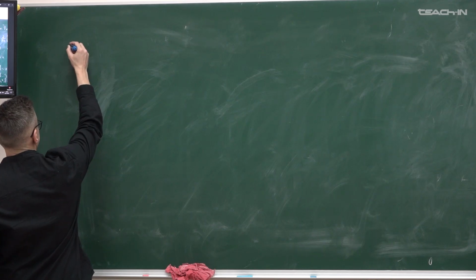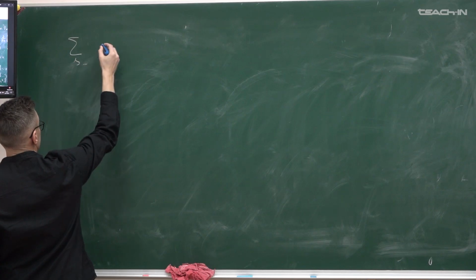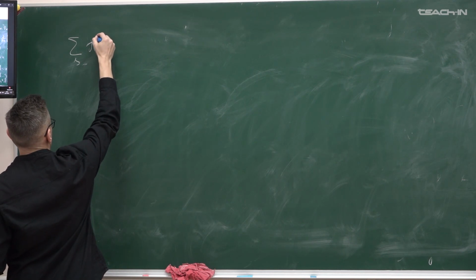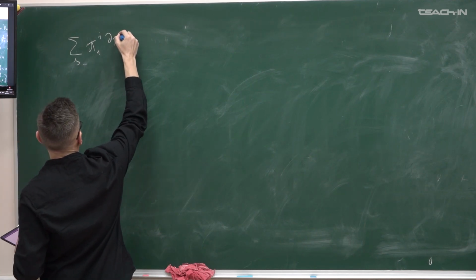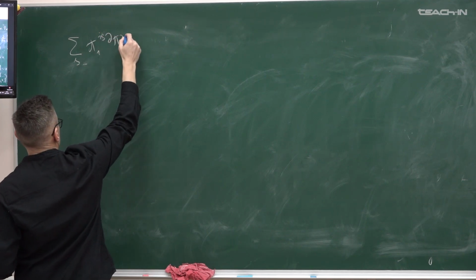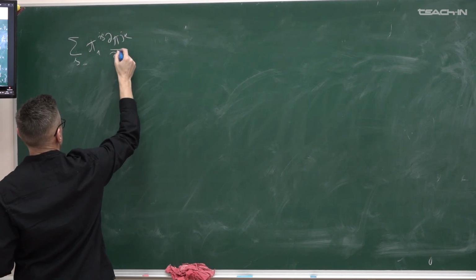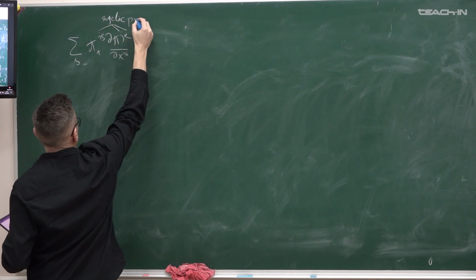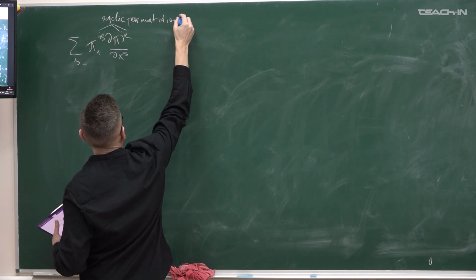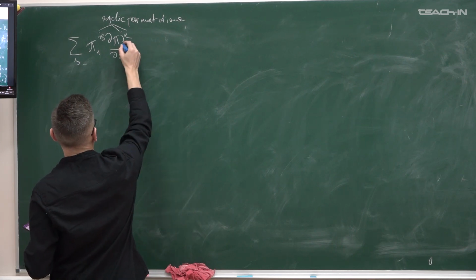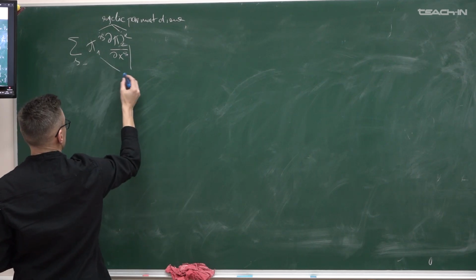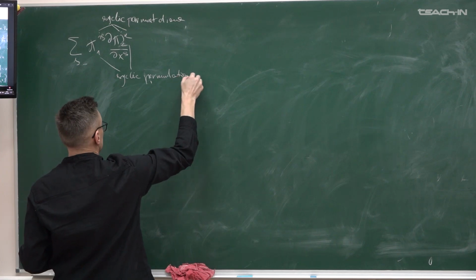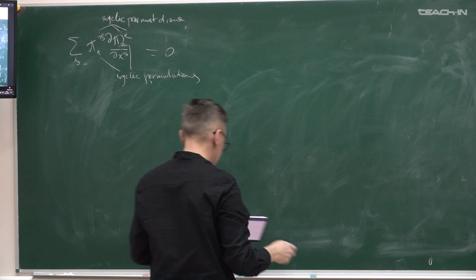So the sum over cyclic permutations, of pi i d, pi j k dx, plus cyclic permutation, and this also cyclic permutation, equal 0.